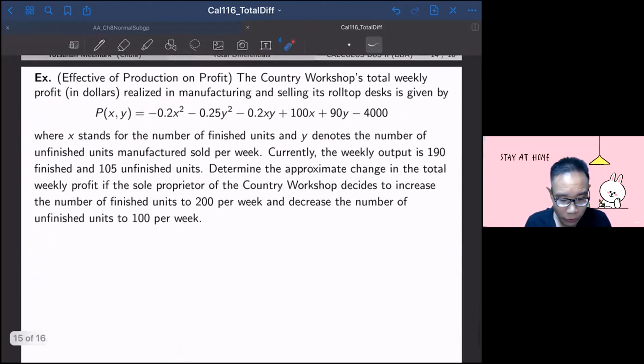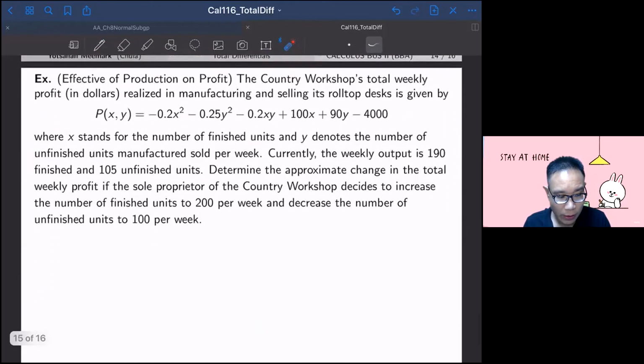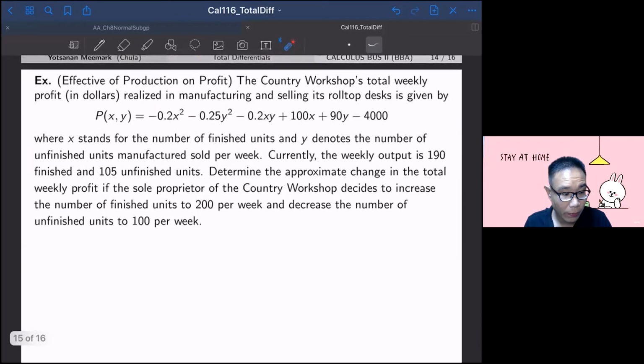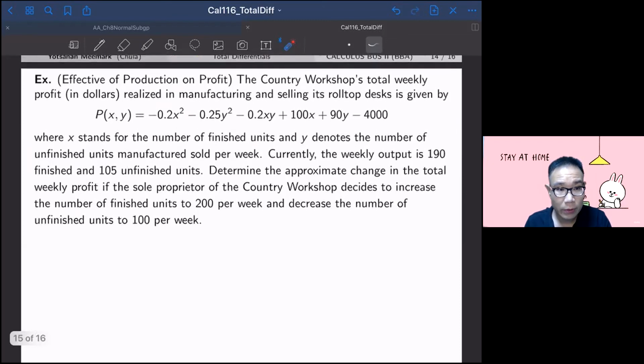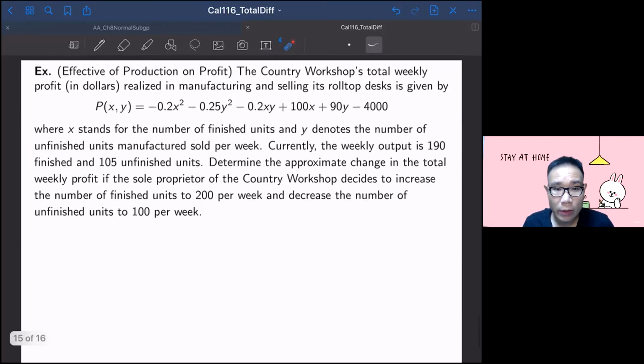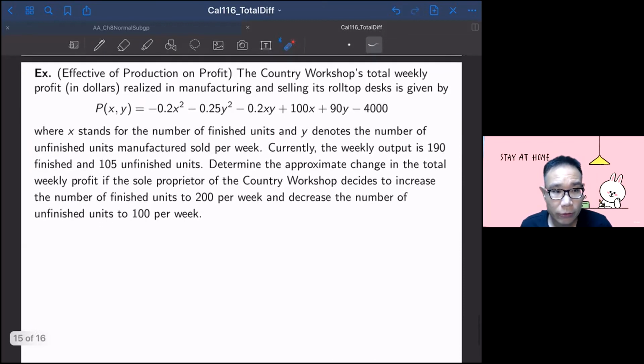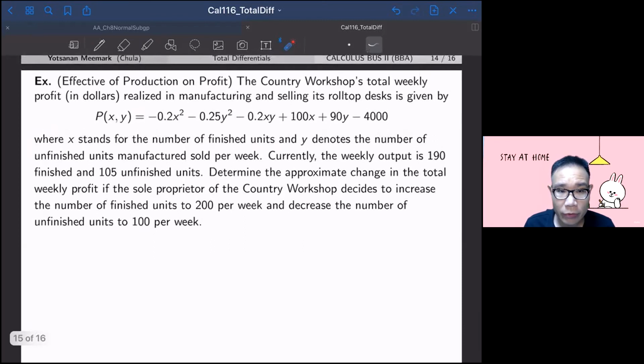So the next two questions will be like a word problem or application for this topic. Let me read the question for you. The country workshop's total weekly profit realized in manufacturing and selling the rolltop desk is given by P(x, y).